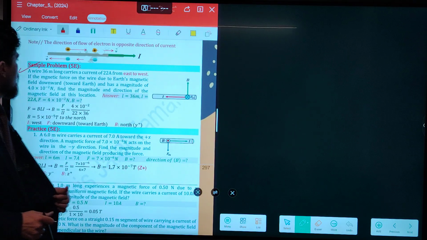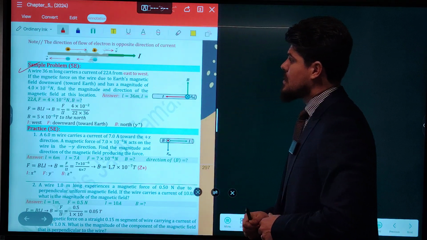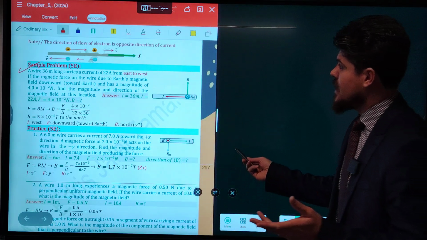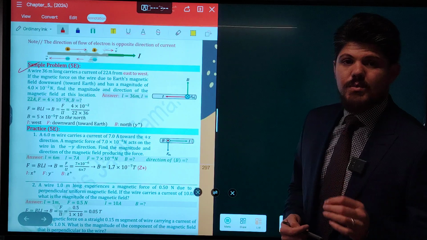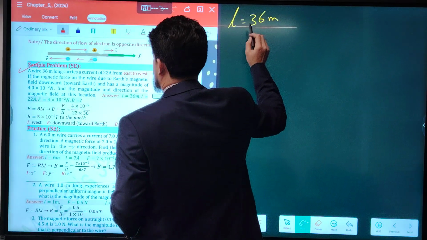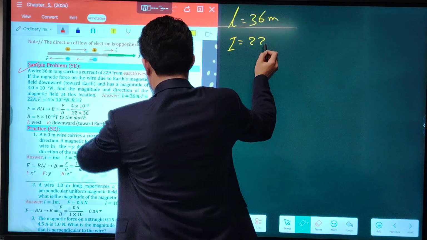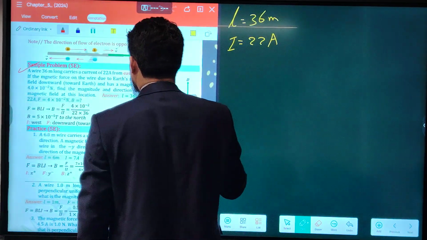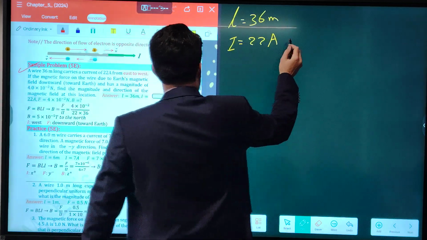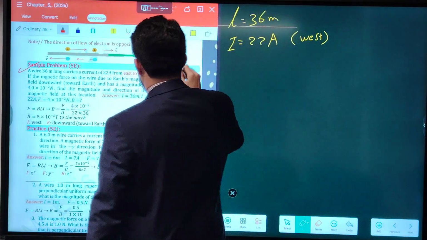Guys, look at the question about the magnetic force. Sample problem 5E. It's very easy. A wire 36 meters long. This is the length of the wire. 36 meters, carries a current I, 22 ampere, from east to west. The current is directed to west.